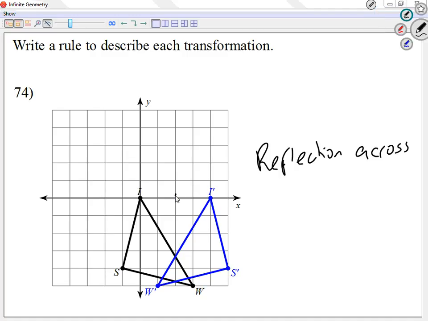I see that the point in the middle is that, right, between my I's. I see my W and W prime. I notice that my point in the middle is that. 2 points is enough for a line, so I'm going to say my mirror line is that line. How is that line called?